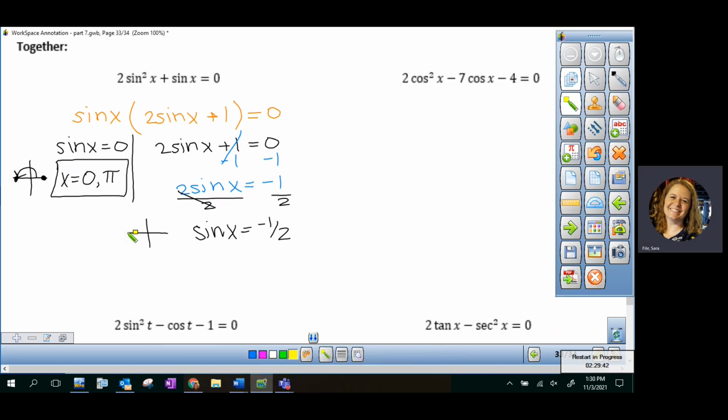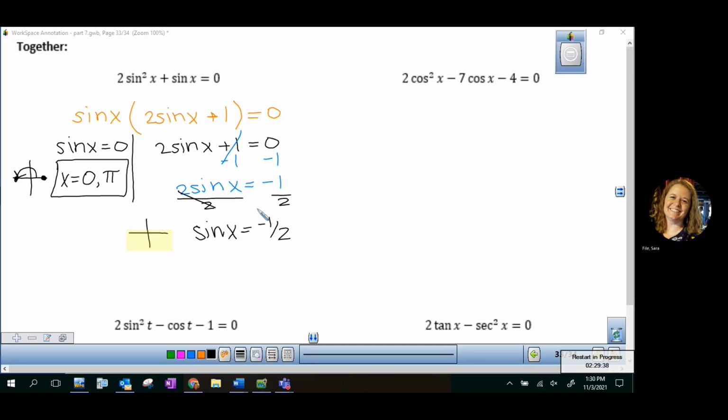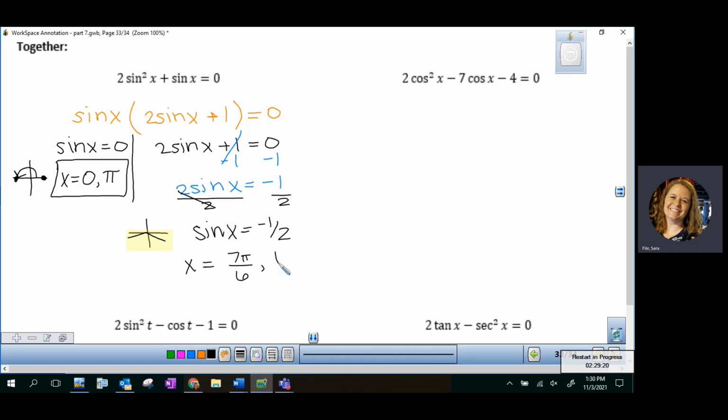Sine is negative in 3 and 4, so my answers are coming from down here. And the reference angle where sine is 1/2 is 30 degrees or pi/6. So we're giving the pi/6 angle in these two quadrants, which would be 7 pi/6 and 11 pi/6.